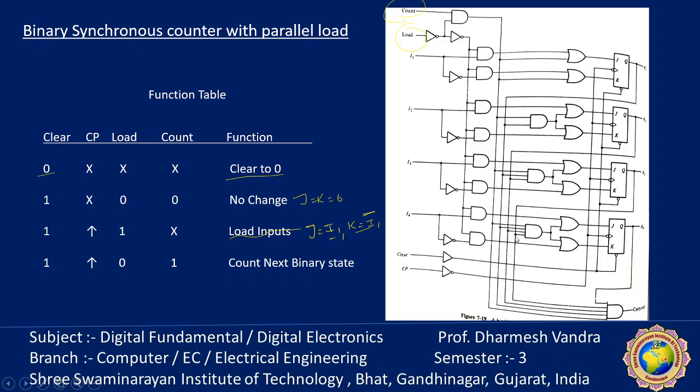If all the previous outputs are 1 and count is enabled, then this flip-flop is enabled. So it depends on the previous stage, J K equal to 1. Okay, in this way the binary synchronous counter with parallel load is working.